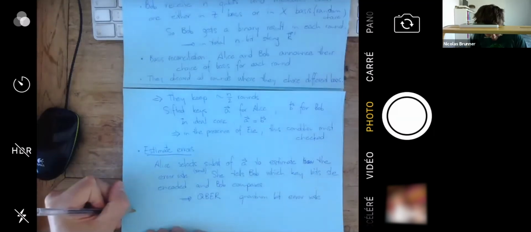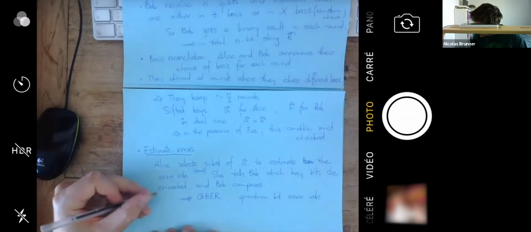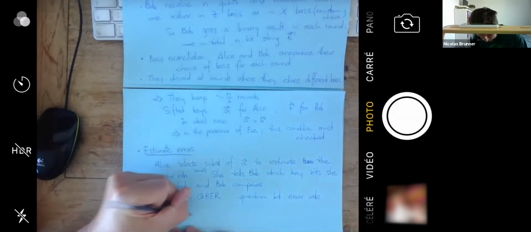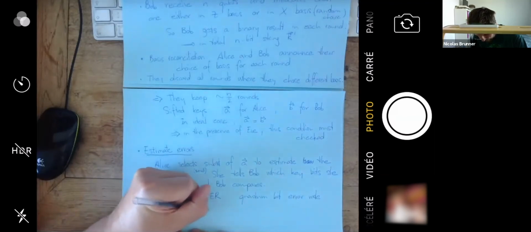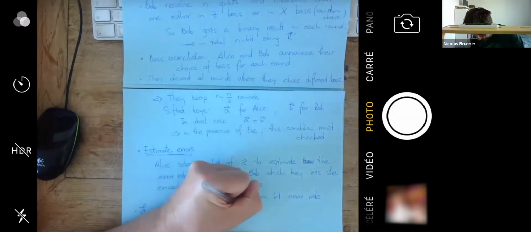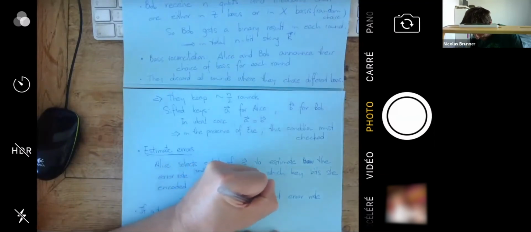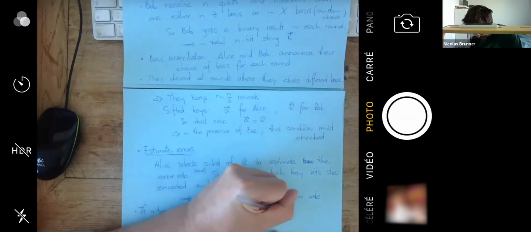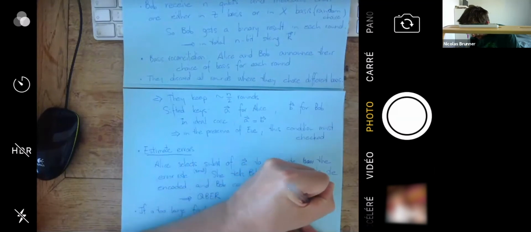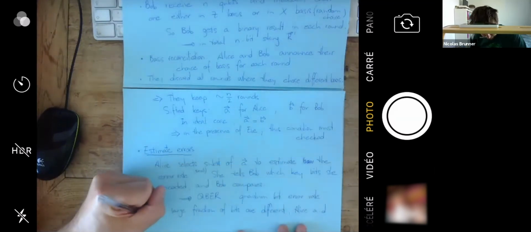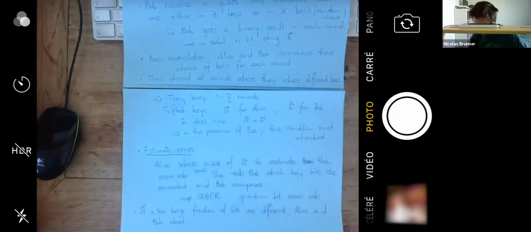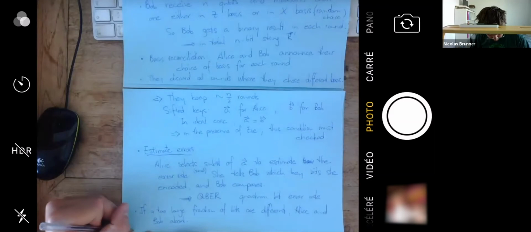So let's write this. If a too large fraction of bits are different, that means if Q bar is too large, Alice and Bob abort.